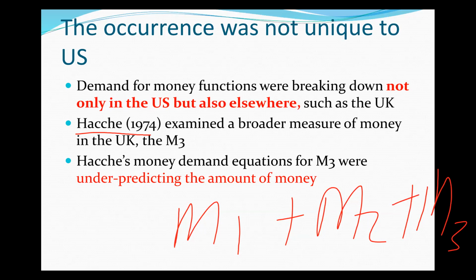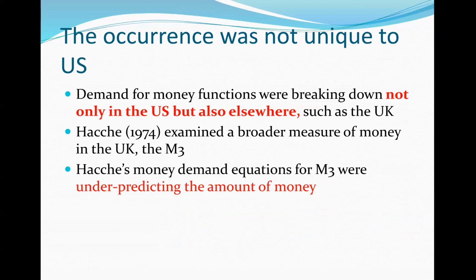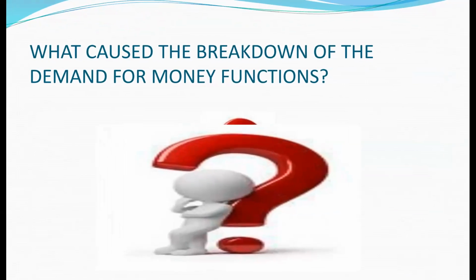You add them together and you have M3. The money demand equation for M3 was under-predicting the amount of money.